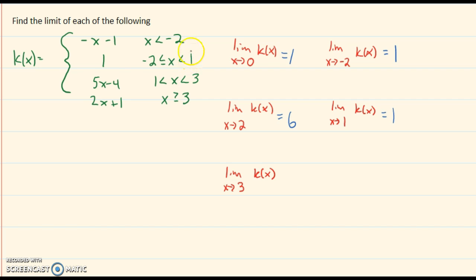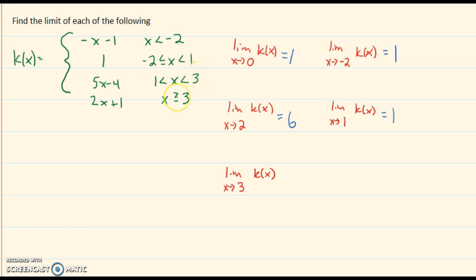Did you notice that at 1, the function's not defined? That actually doesn't matter for us because we're looking at intended limits, the intended height of the function, not whether it actually is defined there or not. And what this would look like on a graph, if we were to graph these 4 pieces, is at 1, we would have a big open circle, a hole in the graph.